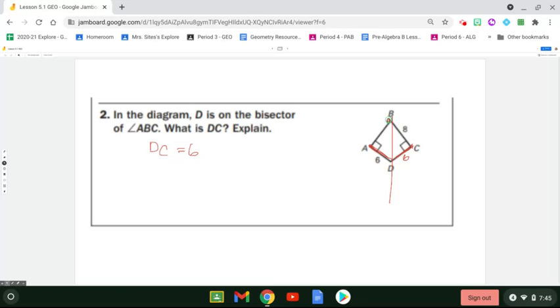And the reason for that is because these angles down at the bottom are equal, because we have an angle bisector. So because the measurement of angle ABD is equal to the measurement of angle CBD, then we can say AD is equal to CD, and that's because of the angle bisector theorem.